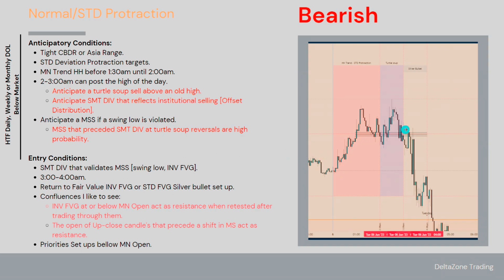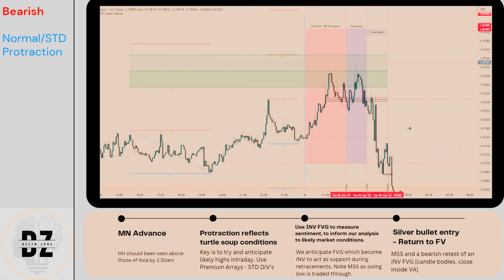Let's go ahead and have a look at the first example of the bearish standard protraction. In this example, you will note a midnight trend that is seen to make higher highs than those created in Asia.